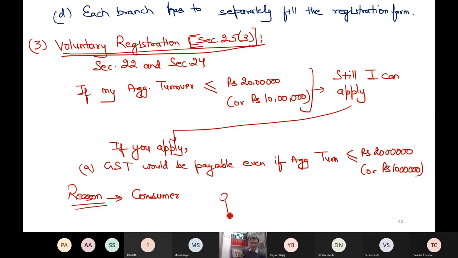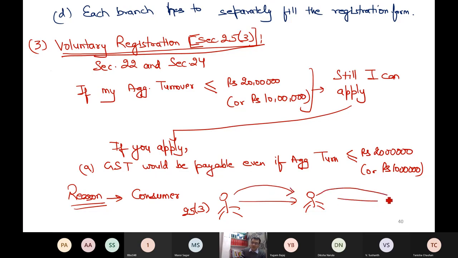Now, for example, this person wants voluntary registration under 25(3). I am the consumer or I am the further recipient. I will purchase some goods from here, and I have to supply to another party. Now this person says don't give me the tax invoice, and I say that I don't have any tax invoice.